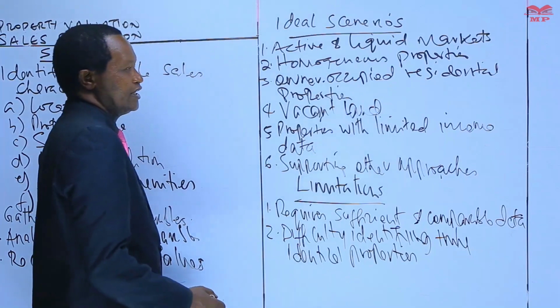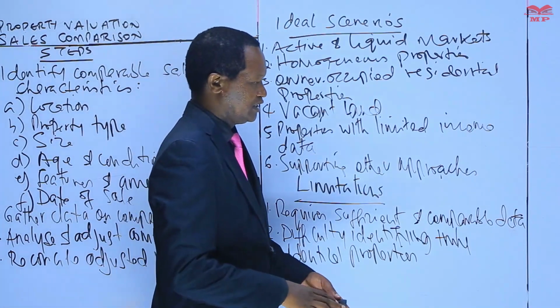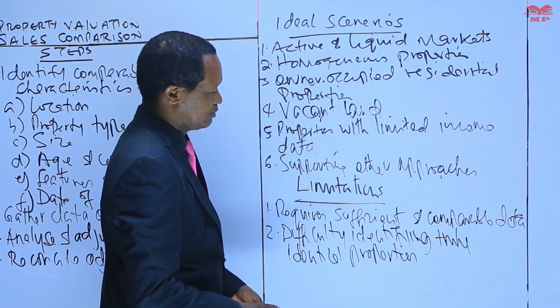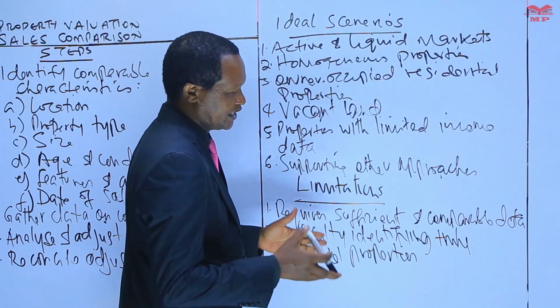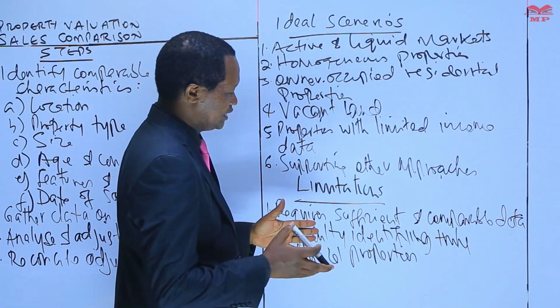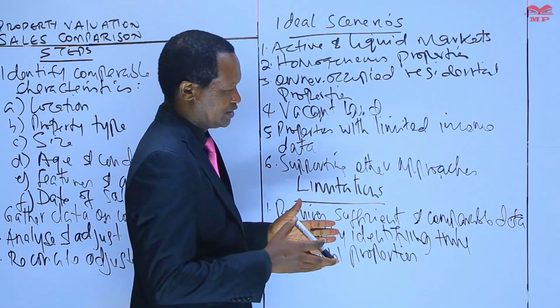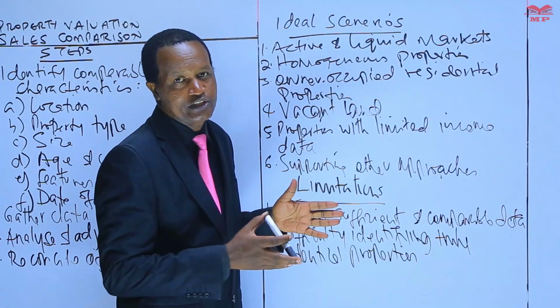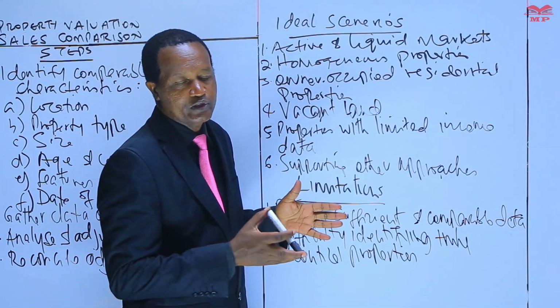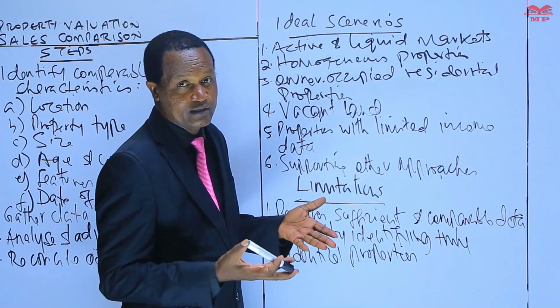If you are buying a house in Kajiado or you are buying a house in Thika, finding a truly identical house similar to the one that you are buying in the same location, candidates, can be a challenge because every property is unique.